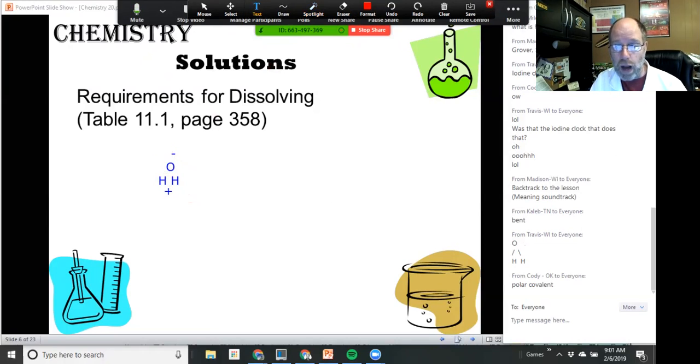Now, of course, you drop in table salt, NaCl. Now, in your shaker, the salt is solid sodium chloride. One sodium, one chlorine. That's a neutral compound. Sodium forms a +1 ion.